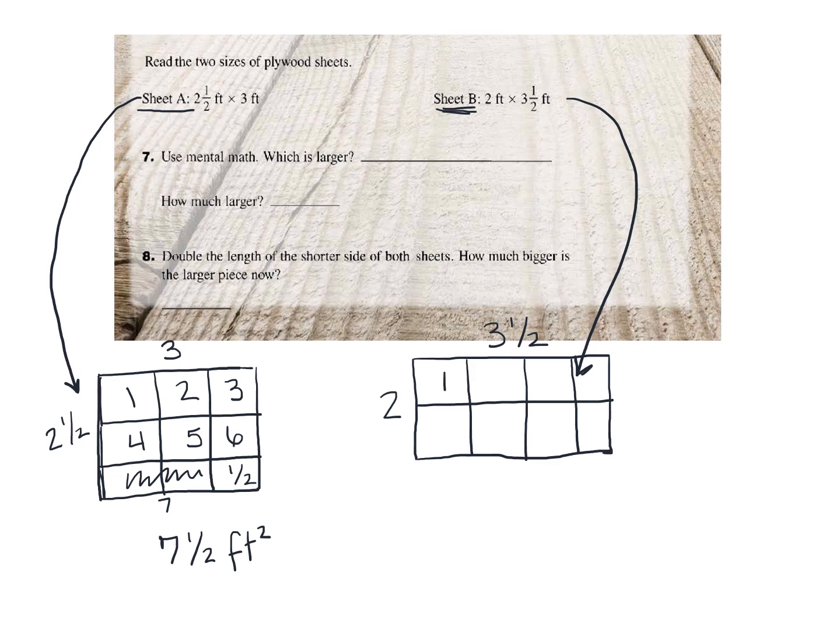Now here we have 1, 2, 3, 4, 5, 6, and these are both halves, so that equals 7. So this will be 7 feet squared. So which is larger? Sheet A is larger. How much larger? Well, the difference is a half a foot squared.